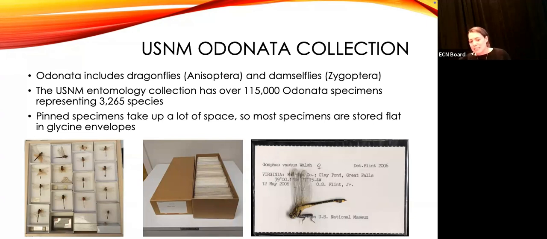As you all know, pinned specimens can take up a lot of space, especially when we're talking about well-curated spread dragonfly specimens. So to help take care of that, most of our specimens are actually stored in flat glassine envelopes. This was a curatorial choice that was developed around the 2000s.